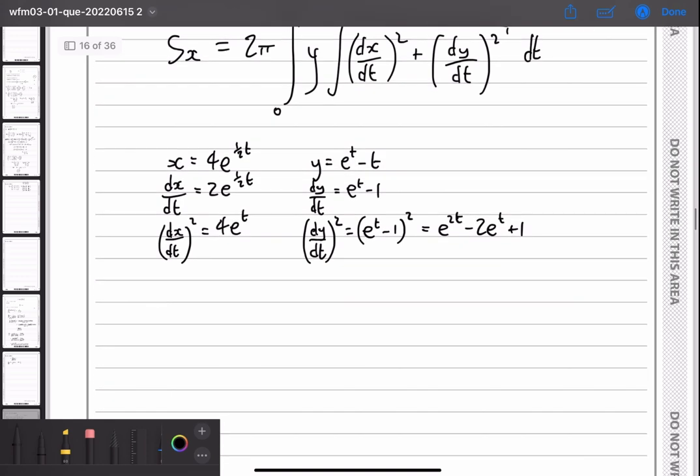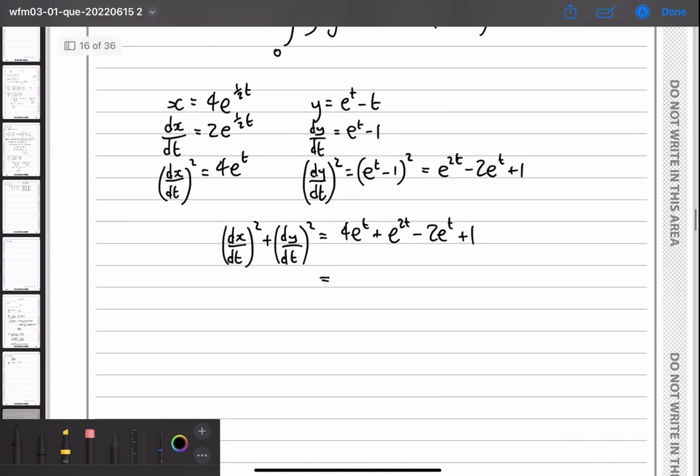Then we need to add them together. And that gives us e to the 2t plus 2e to the t plus 1.